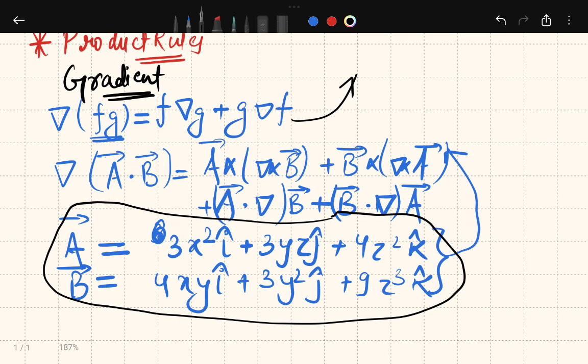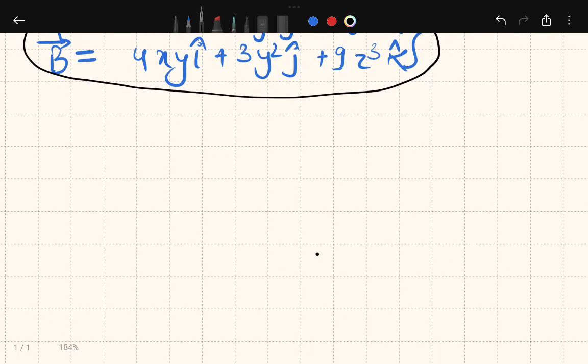Now let's move on to the case of divergence. We have understood the formulas in the case of gradient. Now we have two more formulas for the case of divergence. So let's write it over here. Divergence.